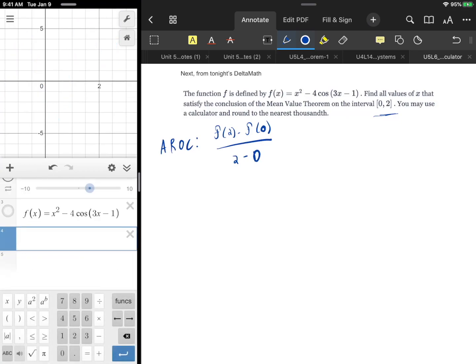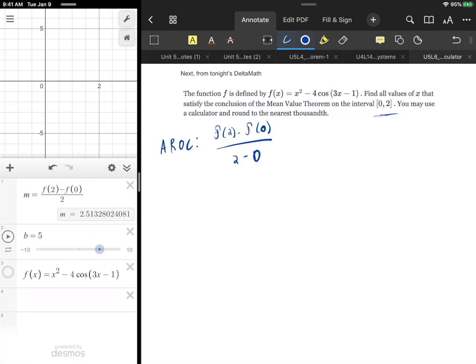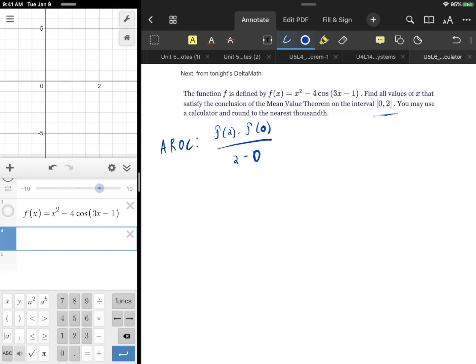So here we go. The slope of our secant line is 2.5. I just need to know at what points the derivative is equal to that. The issue is, when you're using your calculator like this, you have to find these f prime values on your own.